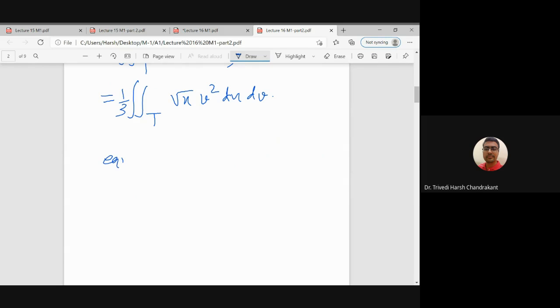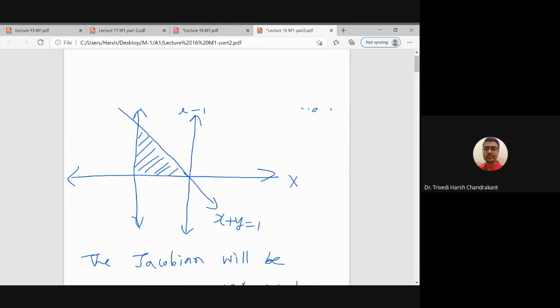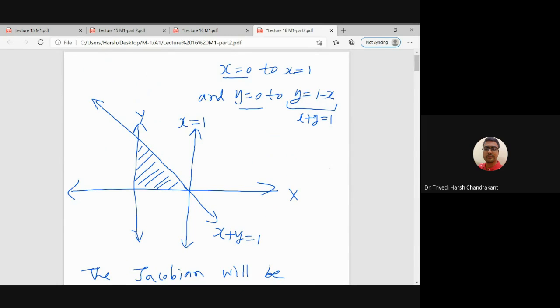So the equations in the xy plane, we need to find the corresponding equations in the uv plane. What are the equations we had here? Our equations are x plus y equals 1, y equals 0, and x equals 0.